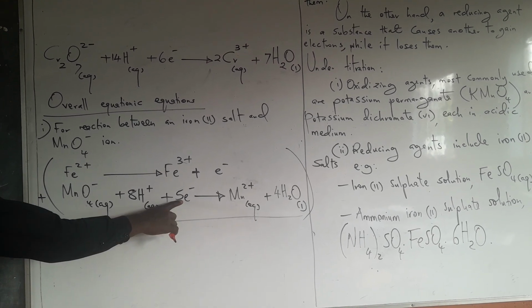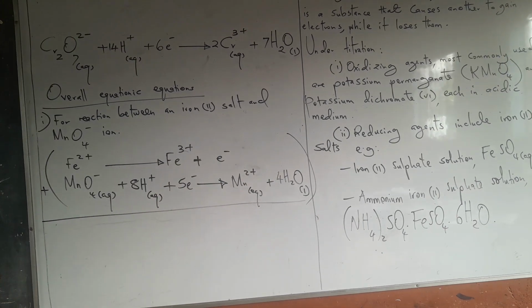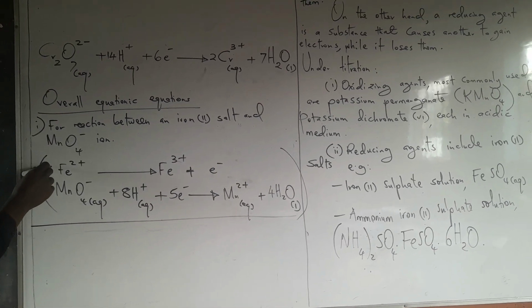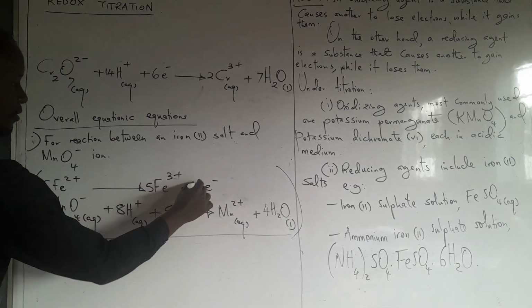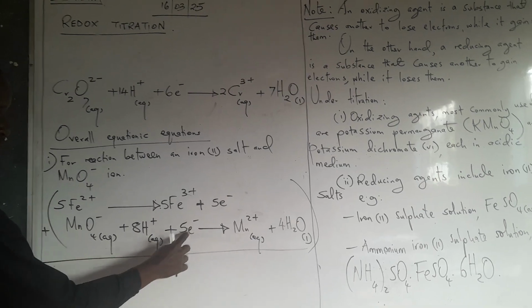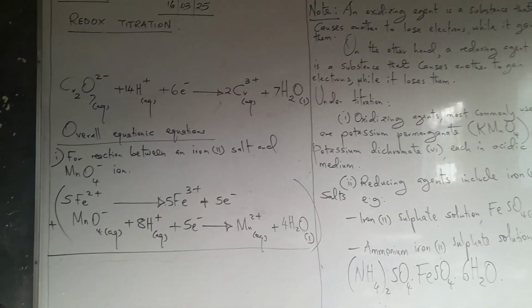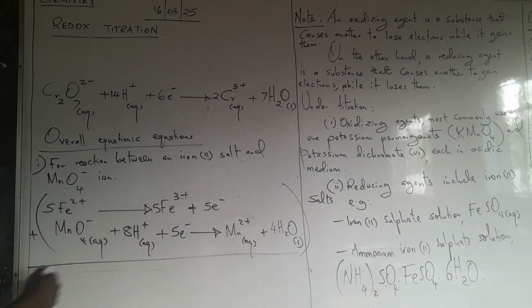You take these 5, you multiply by everything on the first equation. So the first equation will have 5. Why are we doing that? So that we balance the number of what? Electrons. Now on the left hand side of this arrow and this arrow, write everything.